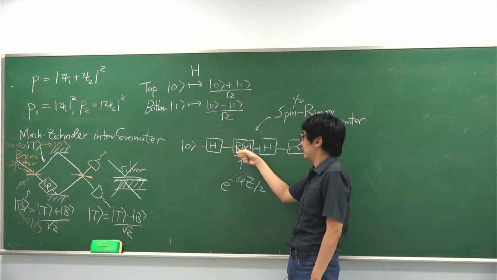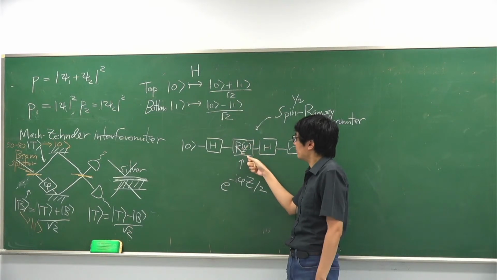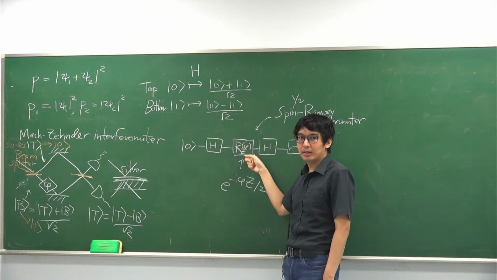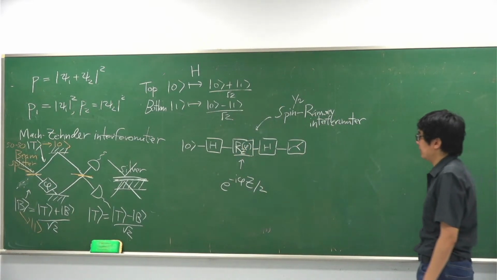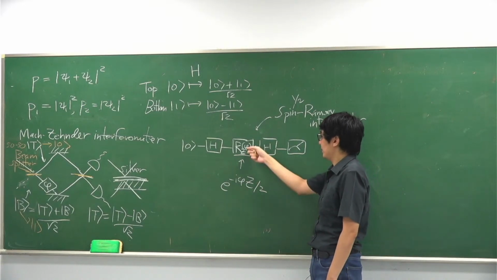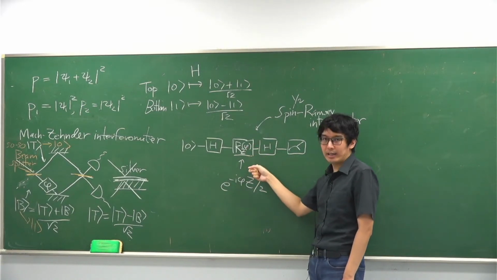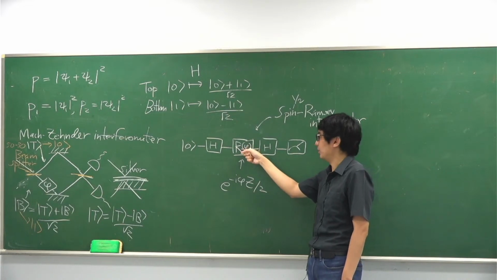So for example, this might be some naturally occurring Hamiltonian in the lab whose phase you want to measure, so basically the eigenvalues of this Hamiltonian.